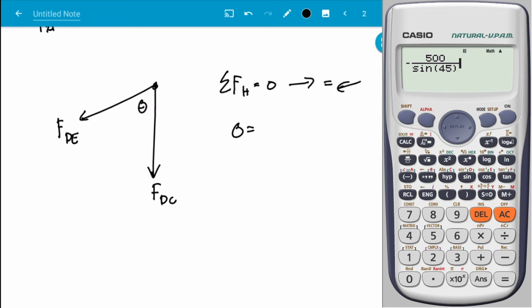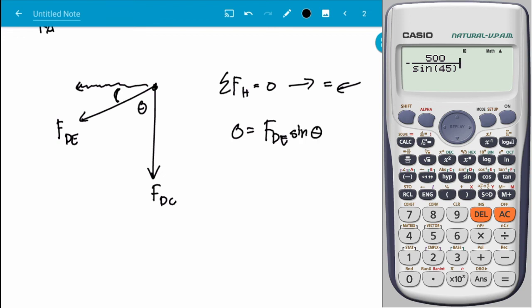Okay, so meaning, FDE, and then you are given an angle. So, ano yung gagamitin mo? Sine, cosine. Now, I'm asked for the horizontal component dito sa DE. So, kung mapapansin nyo, walang angle between the horizontal component and the DE. So, since walang angle, ang gagamitin ko is sine. Sine theta. Now, 0 is equals FDE sine theta.